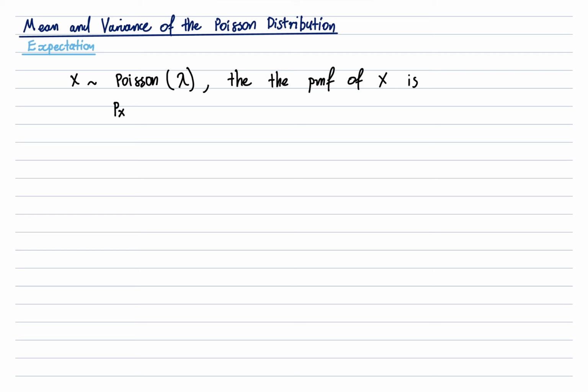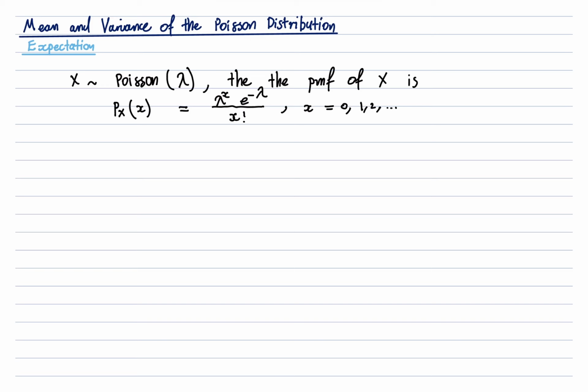We usually write P subscript capital X of x is equal to lambda to the x e to the negative lambda all over x factorial, where x can take any value of 0, 1, 2, all the way to infinity.